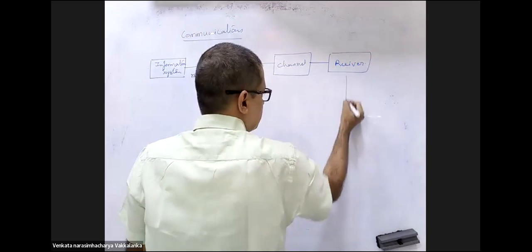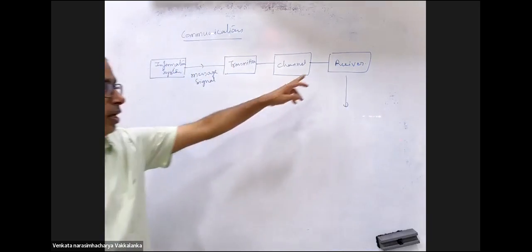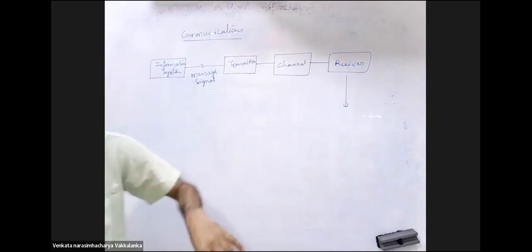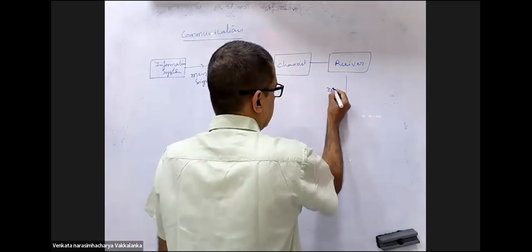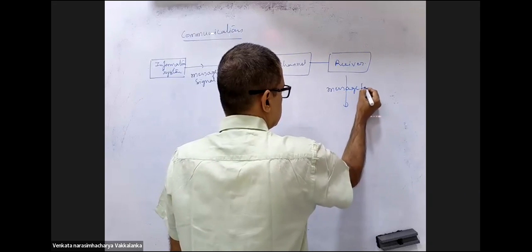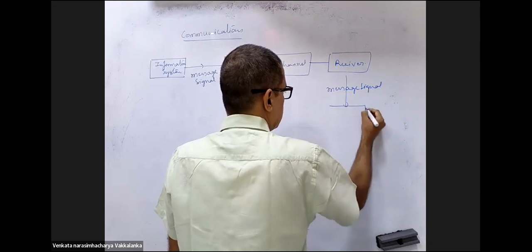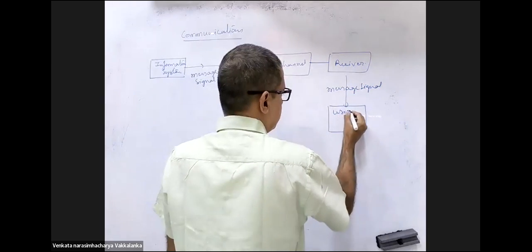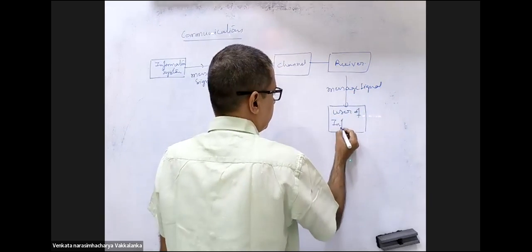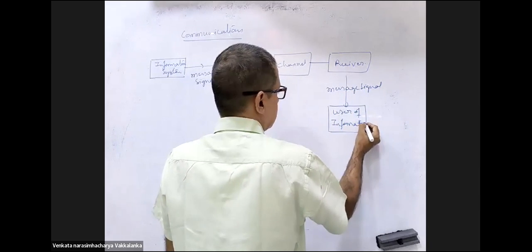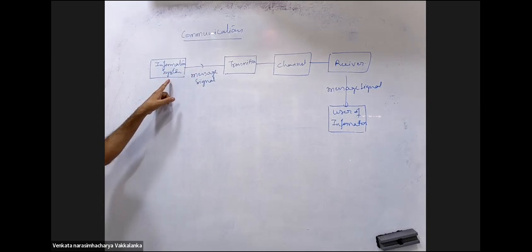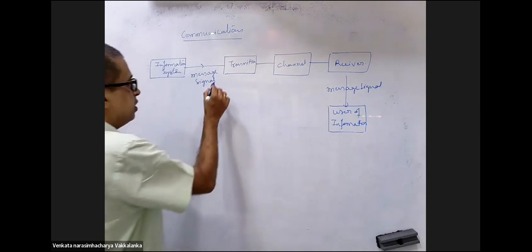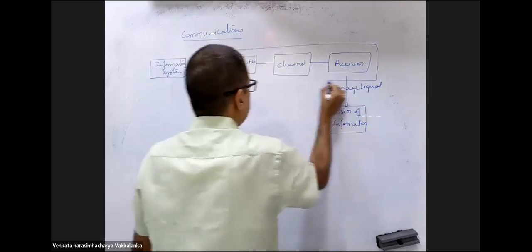I am running short of space there, so I will draw the next part here, but technically it will come in the same line. Receiver gives the message signal to the user of information. This is the user, this is the information source. All of this will be put in one block diagram.